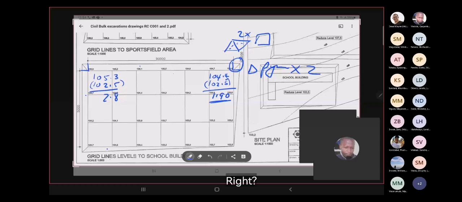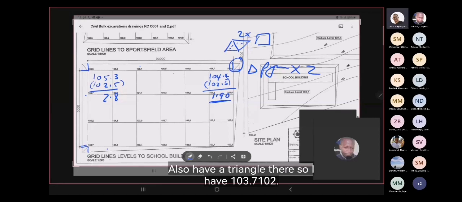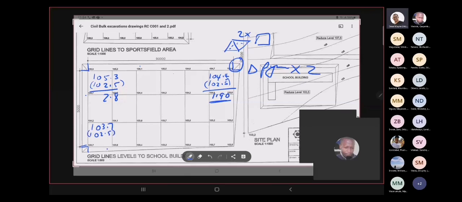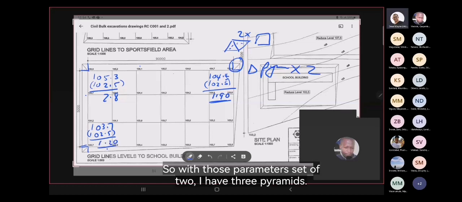Right? Over here, I also have a triangle. So I have 103.7 minus 102.5, that gives me 1.2. So for those pyramids, instead of 2, I have 3 pyramids.